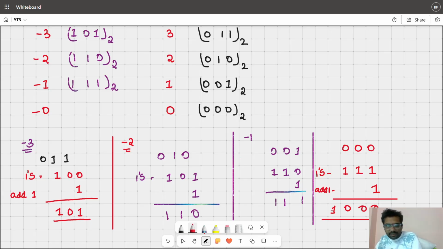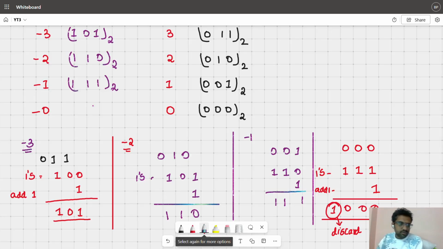But here our representation is only 3 bits, so we are going to discard it, because our representation is only 3 bits. So this value is going to be 0, 0, 0 to the base of 2. This is how we compute the 2's complement equivalent for a negative number.